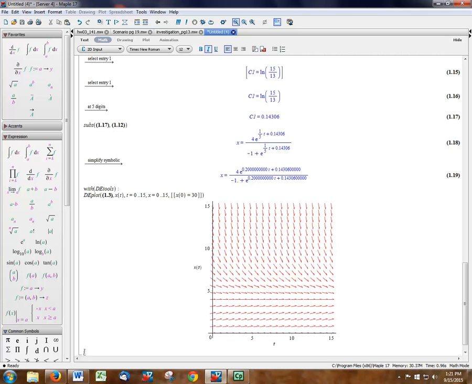Maybe it just doesn't decay fast enough. Let's try putting it in the normal way. T is 0, comma 30. Nope, I wonder if, let's change the x all the way up to 30 and see what happens. There it is. It just wasn't showing up in the range that we had put in there.